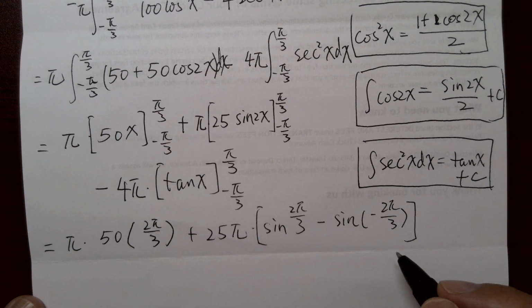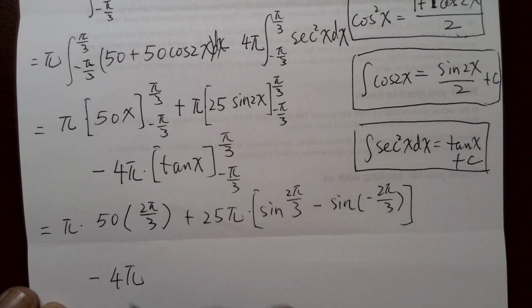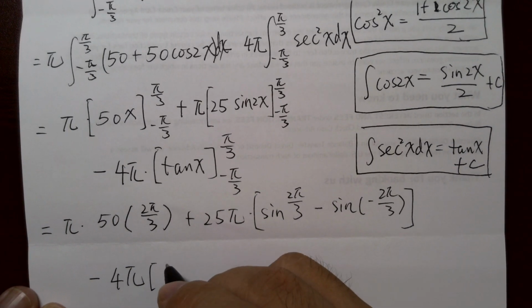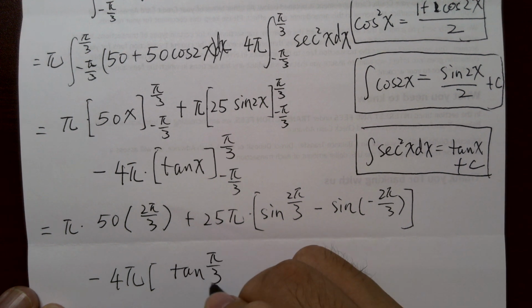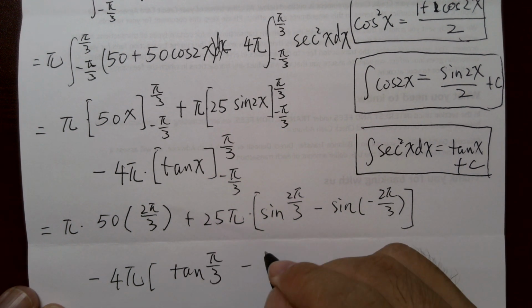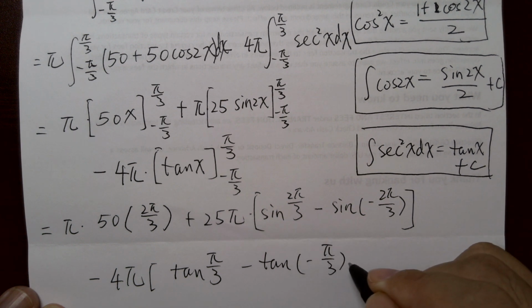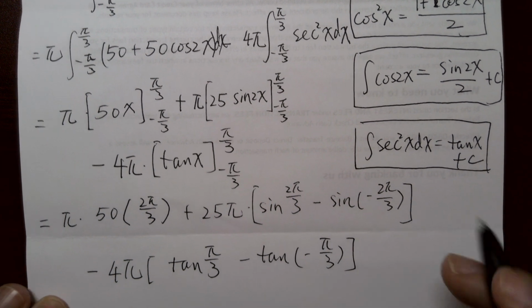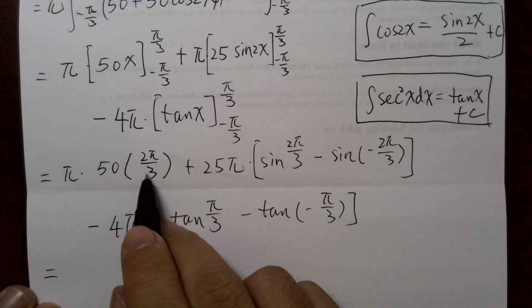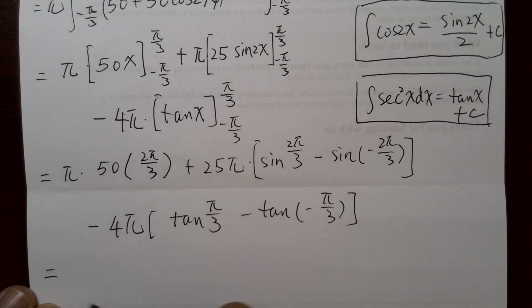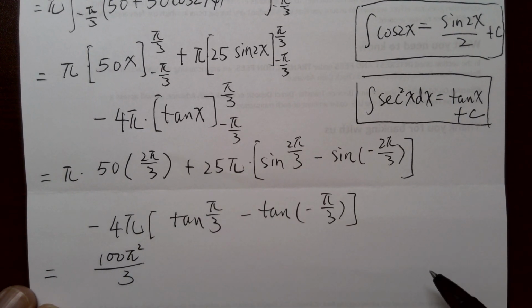And then minus 4 pi times tan of pi over 3 minus tan of negative pi over 3. So the first term is 100 pi squared over 3.